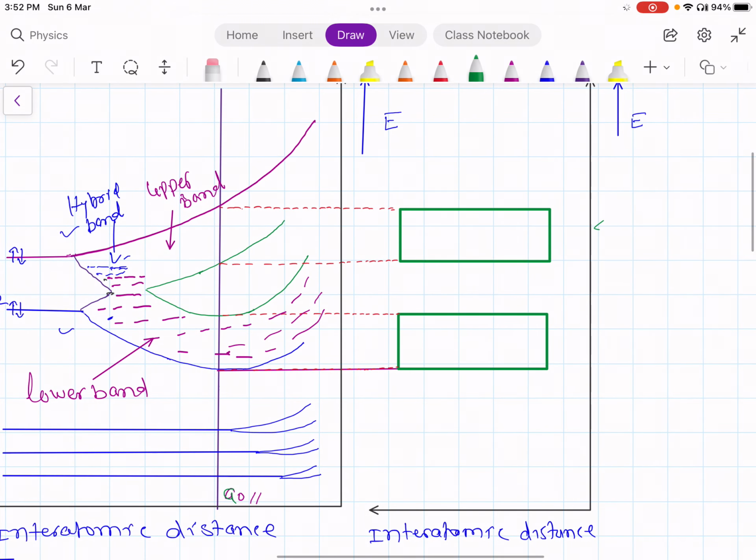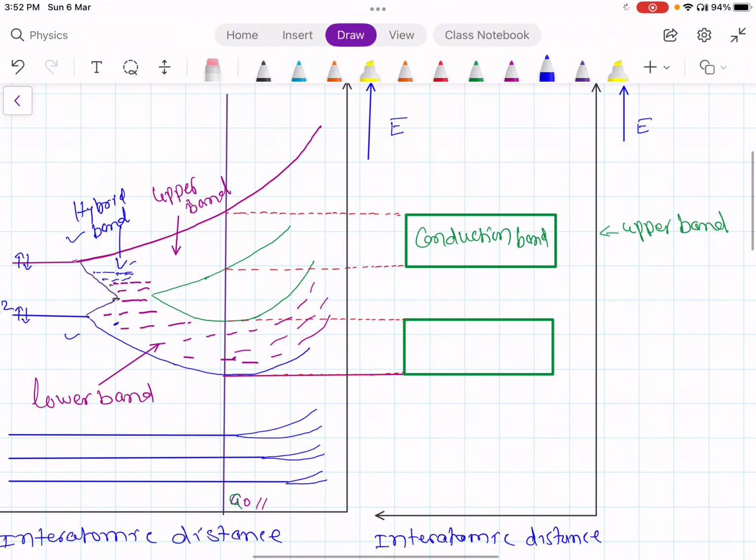This one, the upper band, we call the conduction band, and this one, the lower band, we call the valence band.